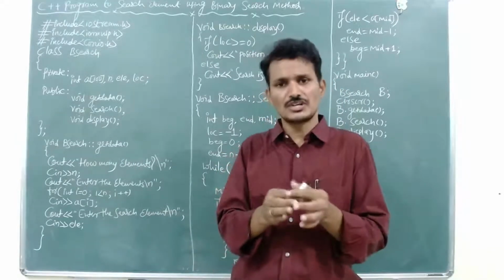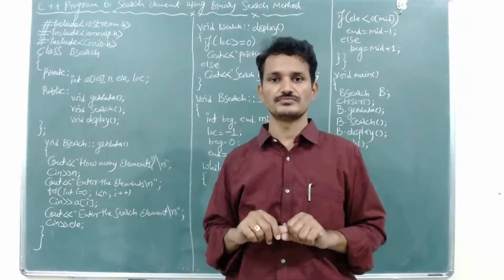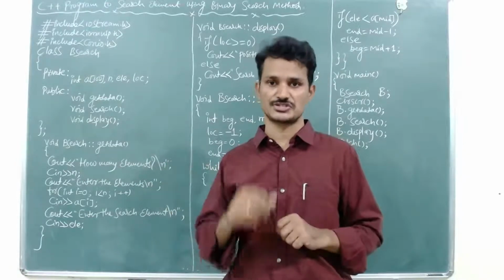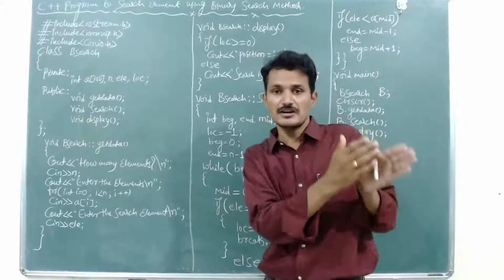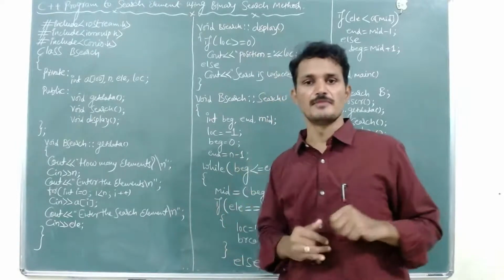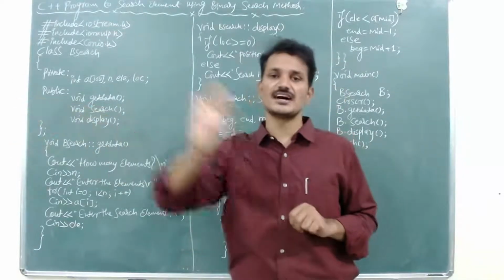The drawback of linear search is when the given array is too large, say it holds 50 elements, from A of 0 to A of 49. Suppose the searching element is present in the last position.